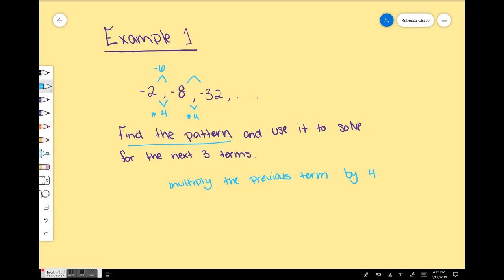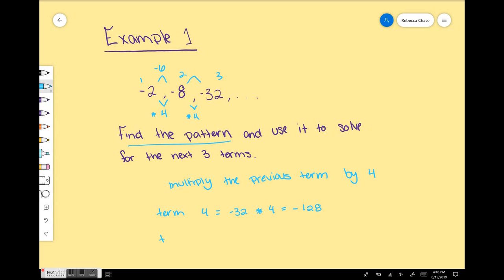Now we have to use that to solve for the next 3 terms. So all I'm going to do is start with the -32, and I'm just going to keep multiplying by 4. So this is term 1, 2, 3. So term 4 is going to be -32 times 4, which is going to give us -128.